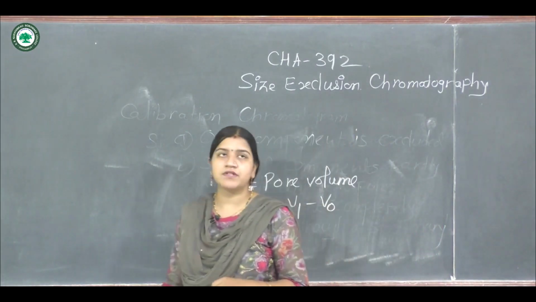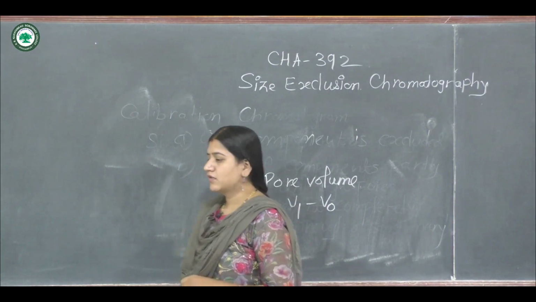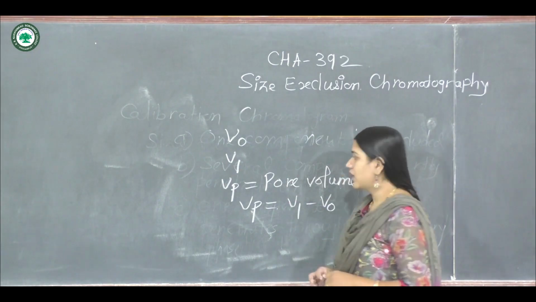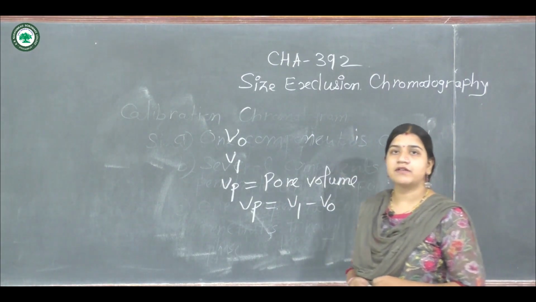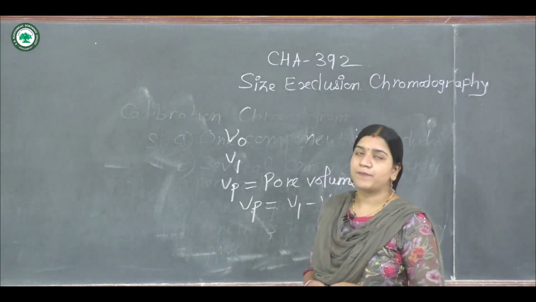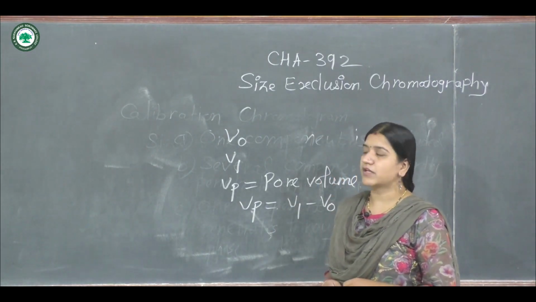This difference between these two will give you the pore volume, and the value of pore volume will determine whether your compound is accessible to pass through the pore or it is not accessible to pass through the pore.